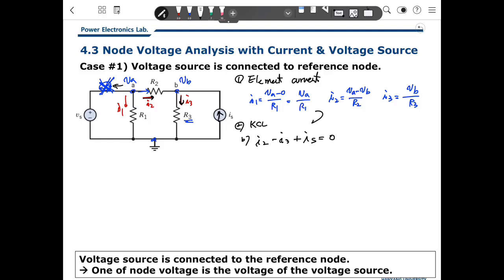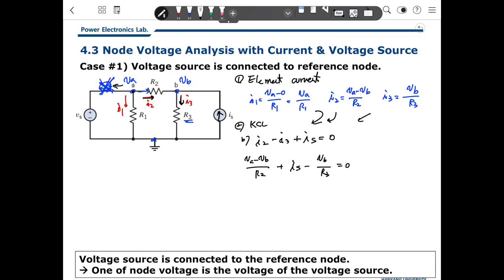So we insert the variables: I2 is (VA minus VB) over R2, plus IS minus I3, which is VB over R3, and that will be 0.